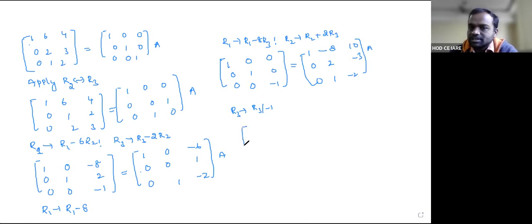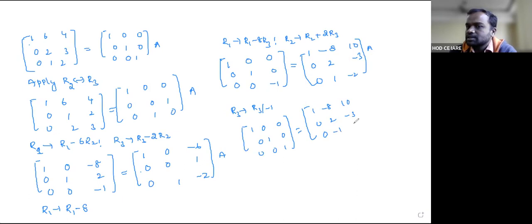Okay, so you can get 1, 0, 0, 0, 1, 0, 0, 0, 1, and that is equal to 1 minus 8, 10, 0, 2 minus 3, and 0 minus 1, 2 into A. Here the Gauss-Jordan method is verified, and A inverse is equal to 1 minus 8, 10, 2, 0, 2 minus 3 and 0 minus 1 2.